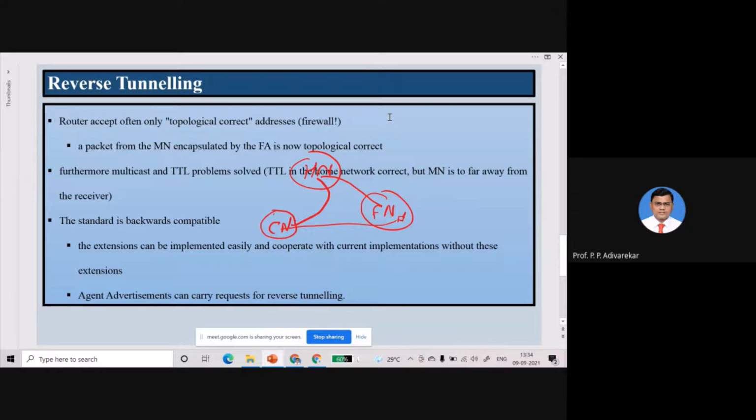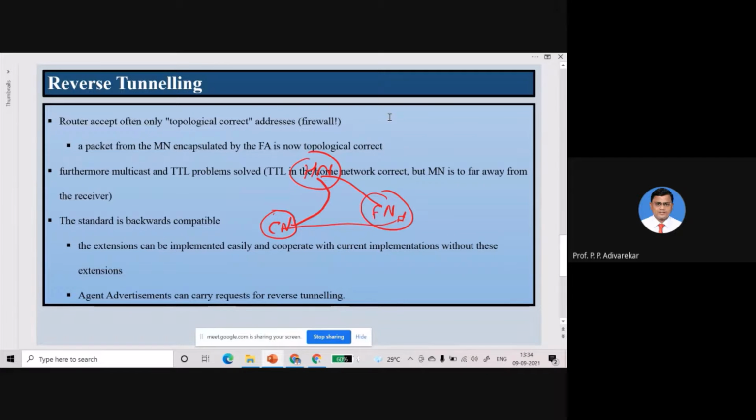Furthermore, the multicasting and TTL problems are also solved. Now how are these solved? Because of the reverse tunneling. Now the COA will be used as the source address, so multicast packets can also be sent by the MN, because once the home agent decapsulates the packet received at the home agent, it understands that this packet is initiated by a node which is currently part of the multicast group, and it will be able to deliver the packet to the destination.